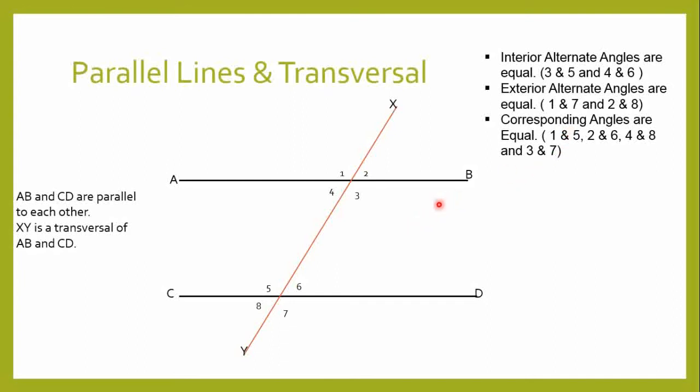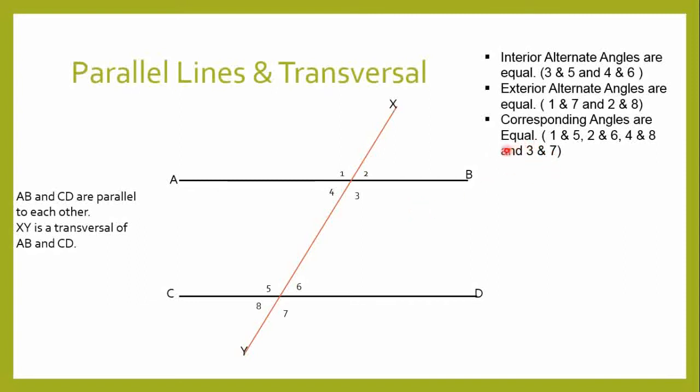Now we have corresponding angles. What are corresponding angles? Angle 1 and angle 5, angle 2 and angle 6, angle 4 and angle 8, and angle 3 and angle 7. These angles are corresponding angles, and corresponding angles are also equal.